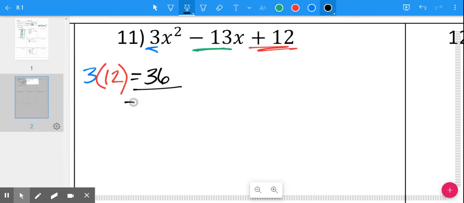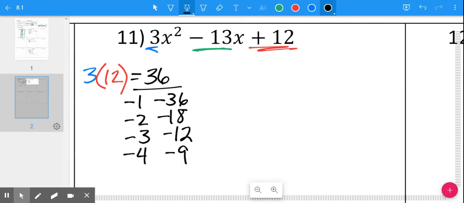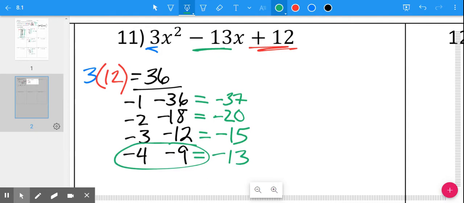So we have negative 1 and negative 36, negative 2 and negative 18, negative 3 and negative 12, negative 4 and negative 9. We can go ahead and stop there because I already know what these add up to. So we have negative 37, negative 20, negative 15, and there's our negative 13 we were after.